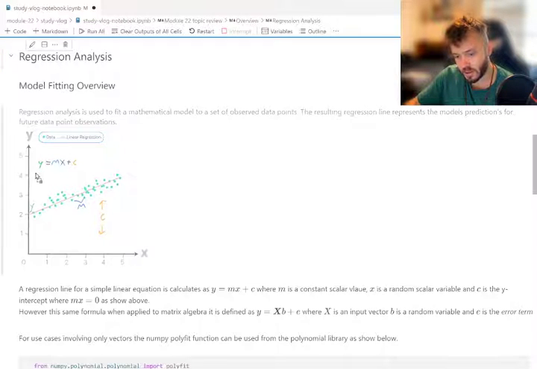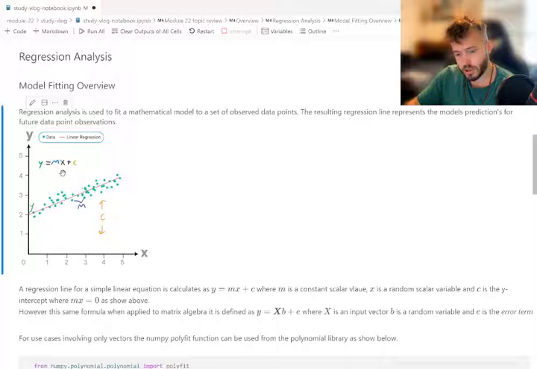You've probably seen this equation before, y equals mx plus c, or b, as it was taught to me in school. Basically, c is the y-intercept, the value when mx is equal to 0.